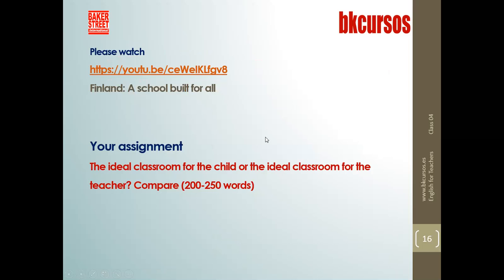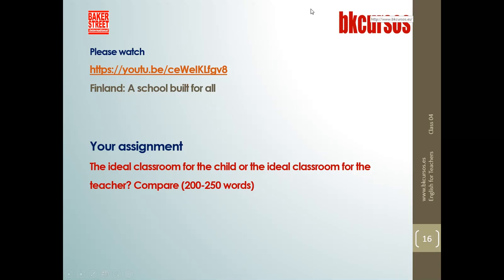And finally, I'm just going to leave you with a video, which is from Finland, a school built for all. Watch that. And your assignment: which is the ideal classroom for the child or the ideal classroom for the teacher. Compare, 250 words.